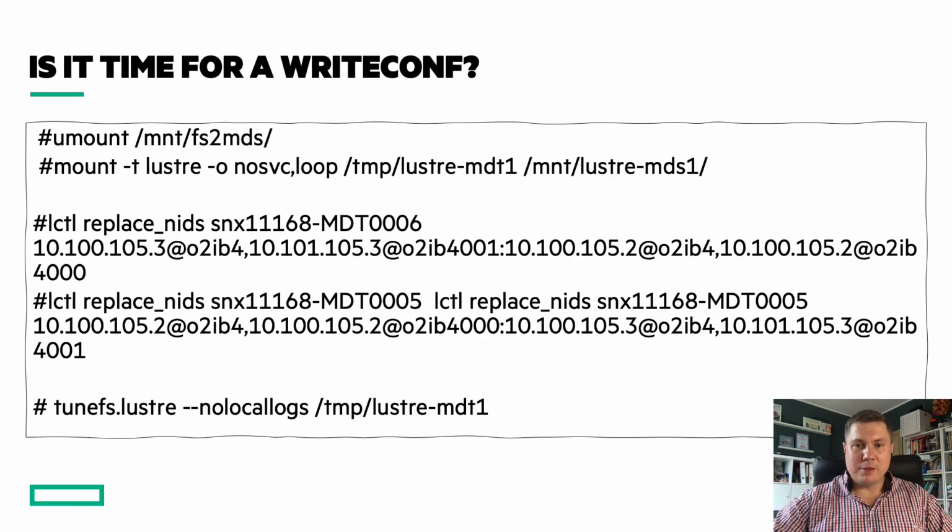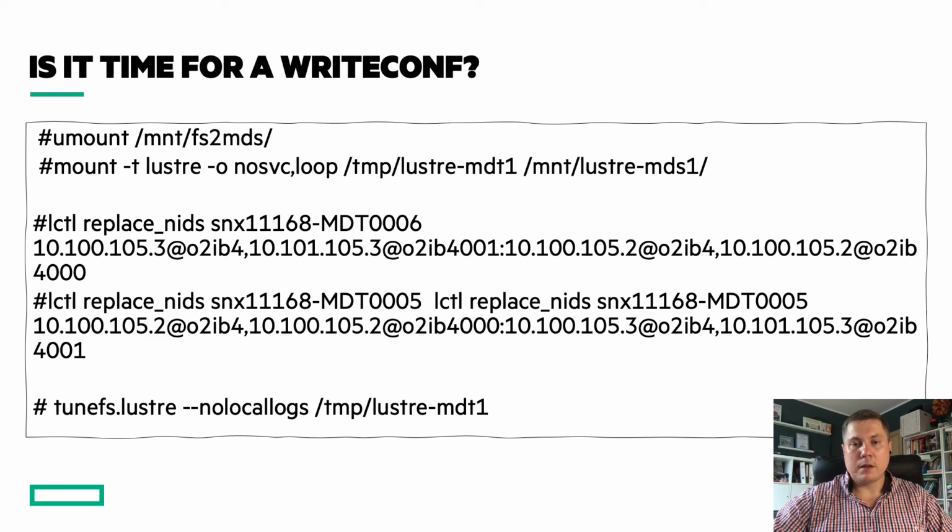A managed file system has really large configuration files. What should we do then? We need to change some configuration, for example, some address of a node. So the old approach requires us to start a writeconf and reconnect every target to the MGS.